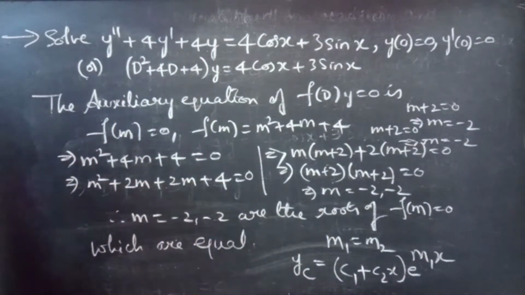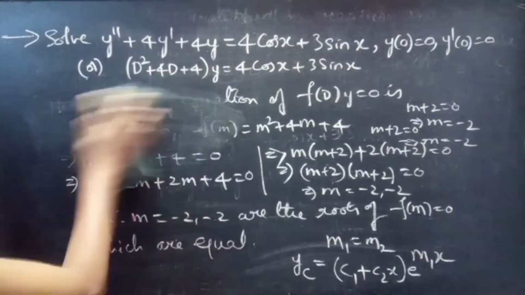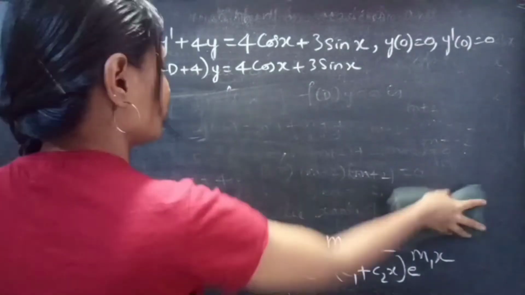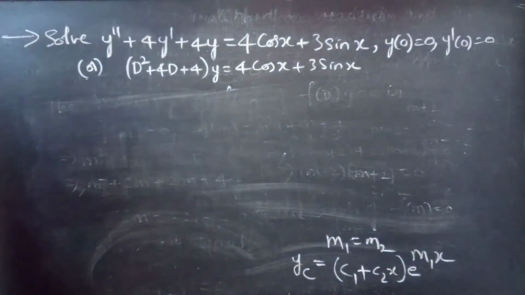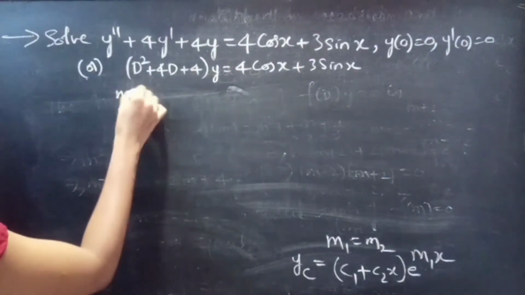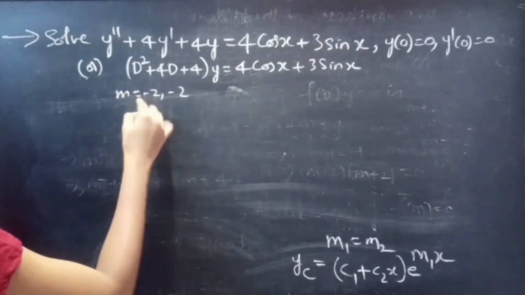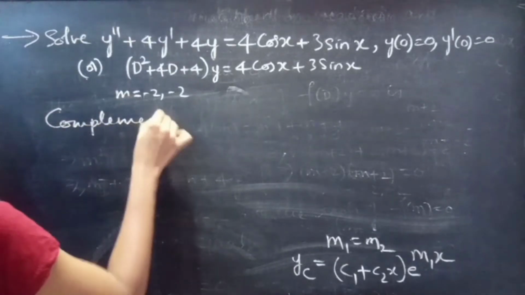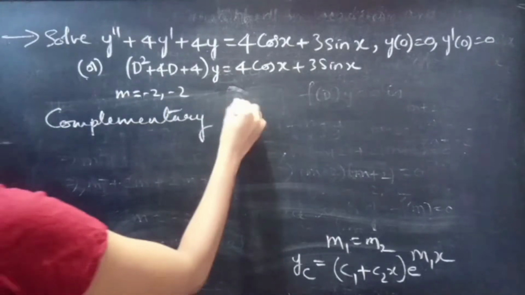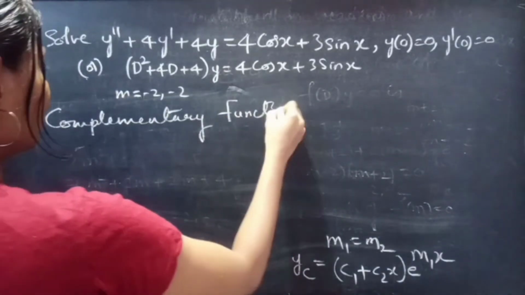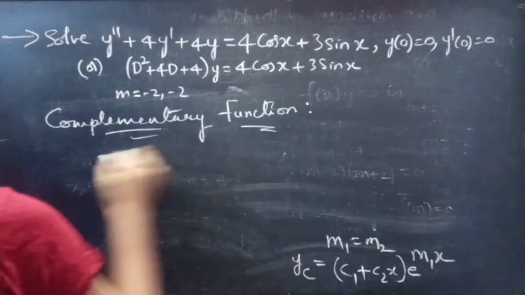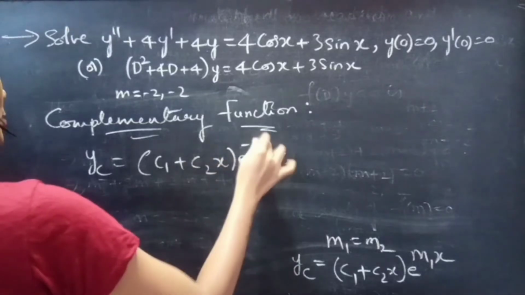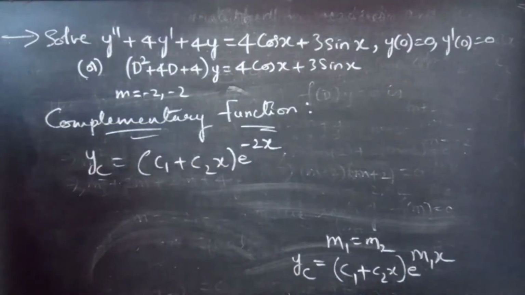Then our complementary function for m = -2, -2 will be y = (c1 + c2 x) e^(-2x), right?